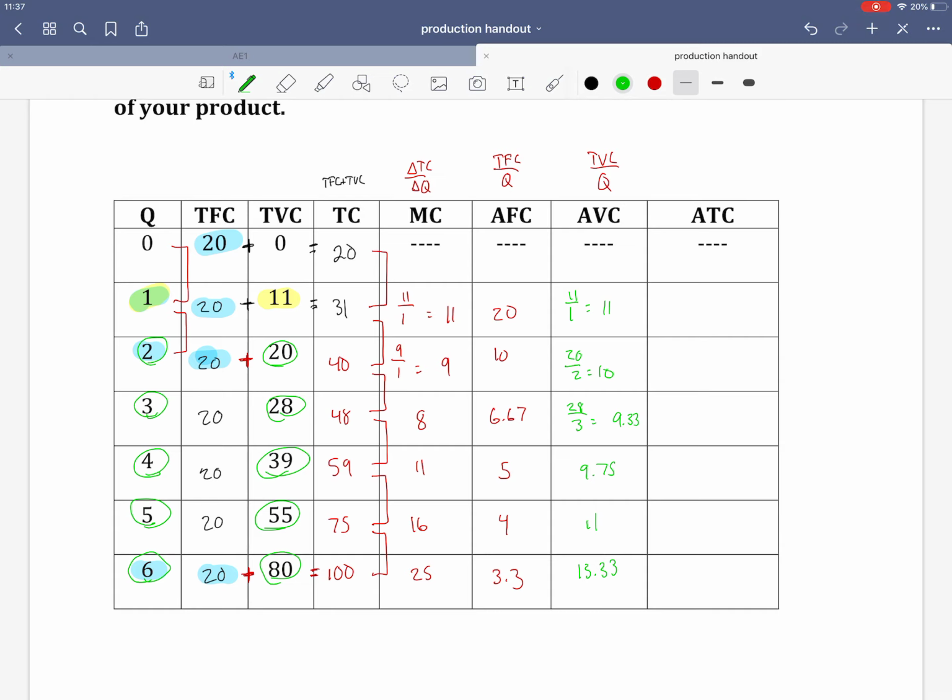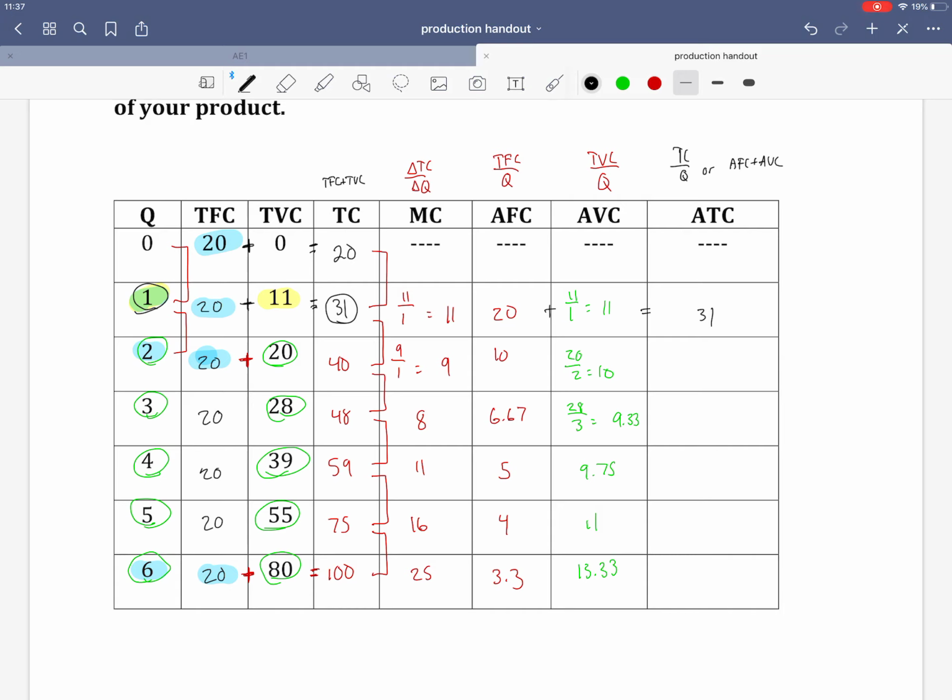And then for our average total costs, we can either take our total costs divided by quantity, or we can take our average fixed costs plus our average variable costs. So 20 plus 11 is going to give us 31, or we can take 31 divided by 1.